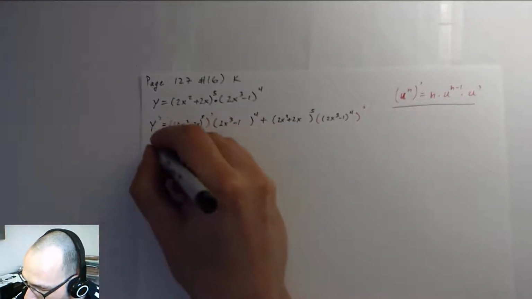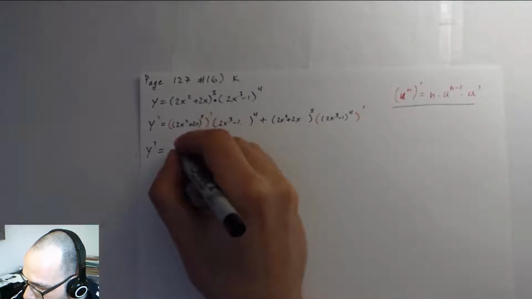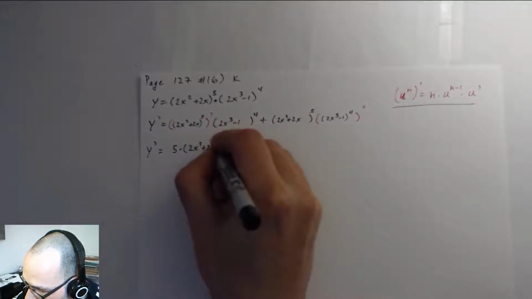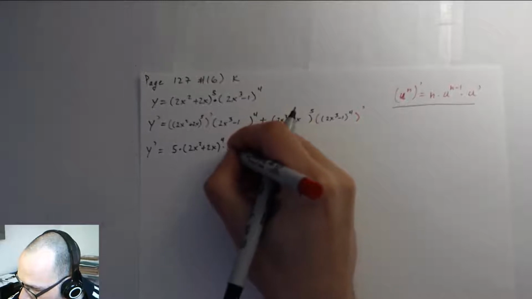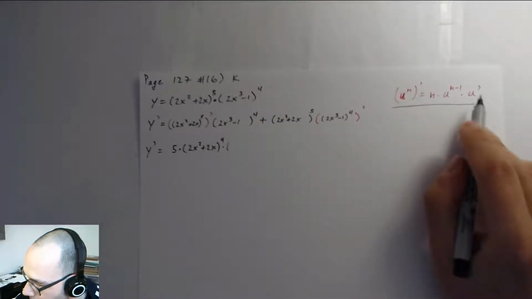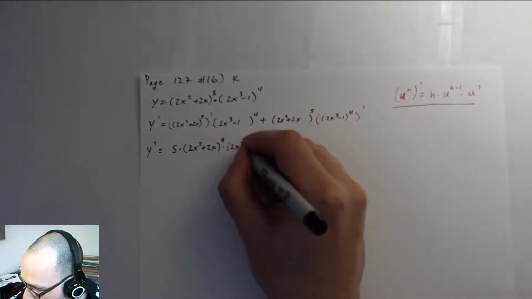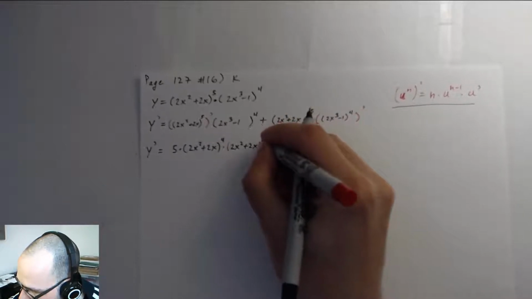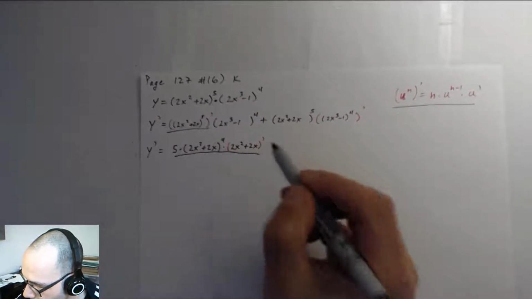So y prime is going to be equal to 5. You bring down the exponent. It's going to be 2x squared plus 2x, all of that to the power of 4, multiplied by the inside prime, the u prime right here. So it's going to be 2x squared plus 2x, all of that prime. This part right here is this part right here.